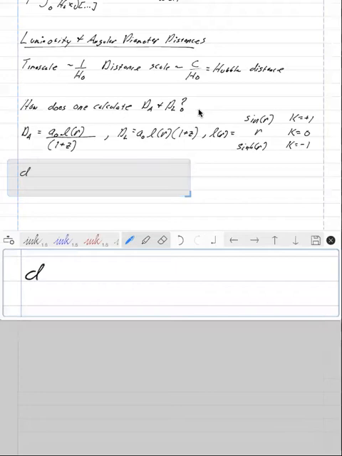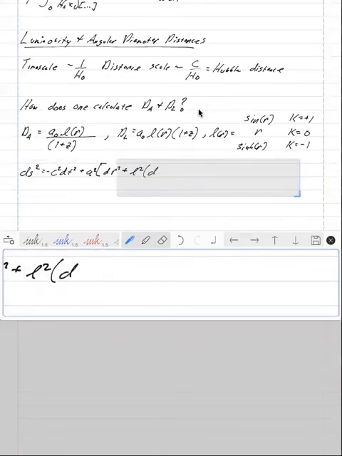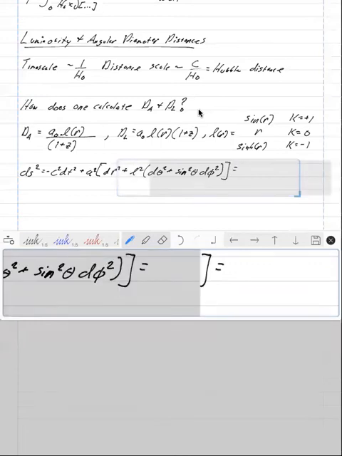We're going to start with the light-like interval. So the interval is equal to, for the Robertson-Walker metric, minus c squared dt squared plus a squared times dr squared plus L squared, and then times d theta squared plus sine squared theta d phi squared, is equal to 0.